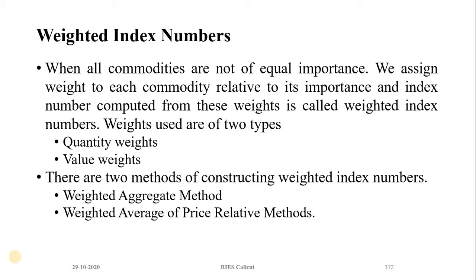For example, certain commodities we rarely buy, but their cost will be very high. For example, gold ornaments, we rarely buy them, okay? But if you buy 8 grams of gold, which is equal to 1 sovereign, okay?